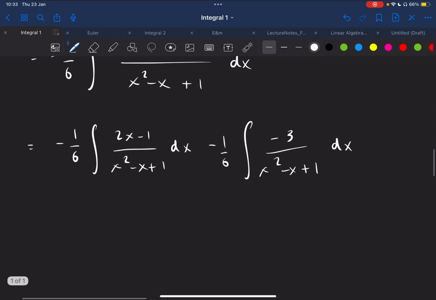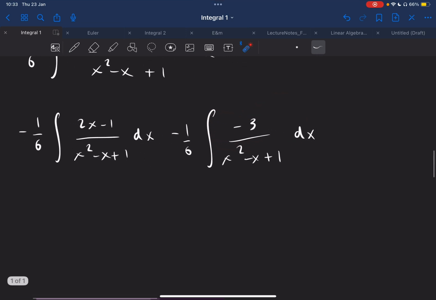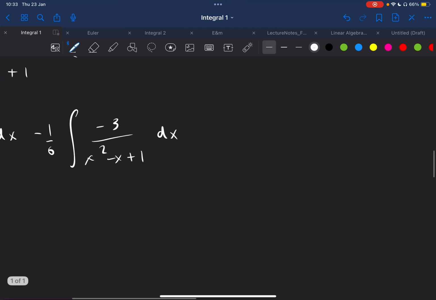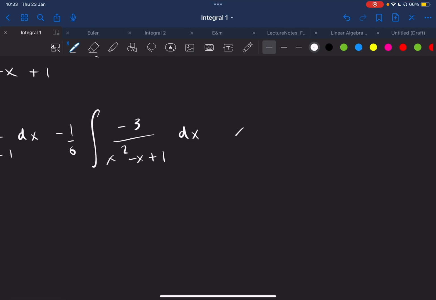Now bringing the minus 3 out here, obviously minus 3 times minus 1/6 is going to be a half. But to solve that, that's just going to be a classic arctan integral, so we need to complete the square. So x squared minus x plus 1 is x minus a half squared, and then this is going to be plus root 3 over 2 squared.